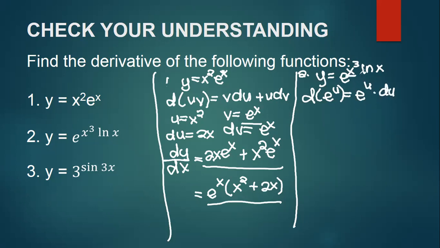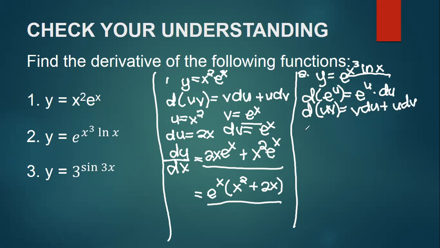However, in your exponent, because we're going to get the derivative of u, we're going to use the product rule for differentiation, which is the derivative of uv, which is equal to v du plus u dv. This is for number 2.